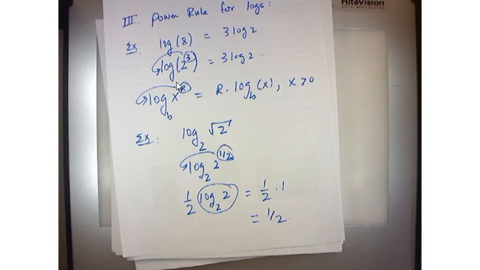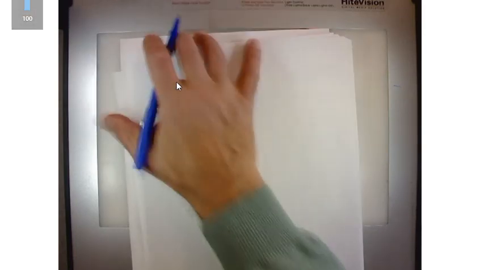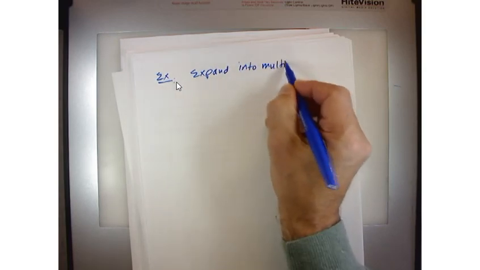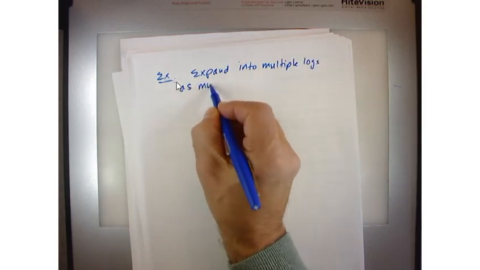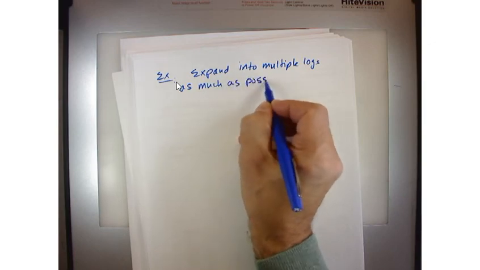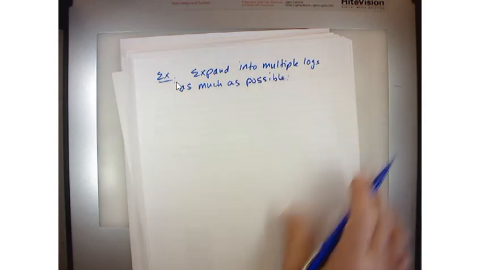Okay? So now let's expand as much as possible. Expand into multiple logs as much as possible using the 3 rules that we talked about, which is the product rule, the quotient rule, and the power rule.